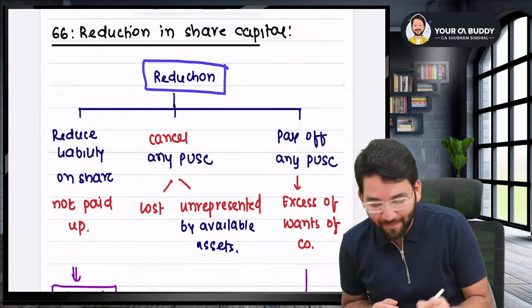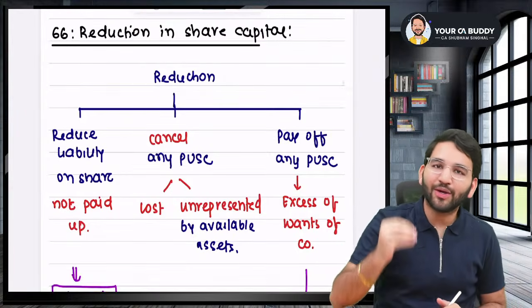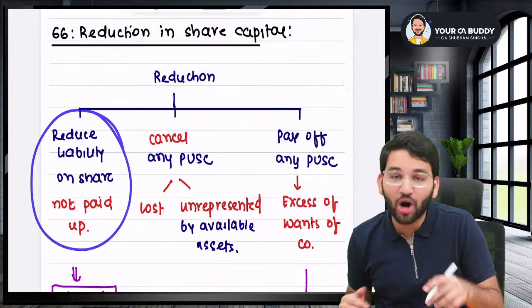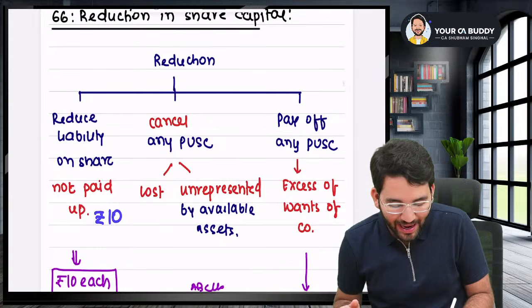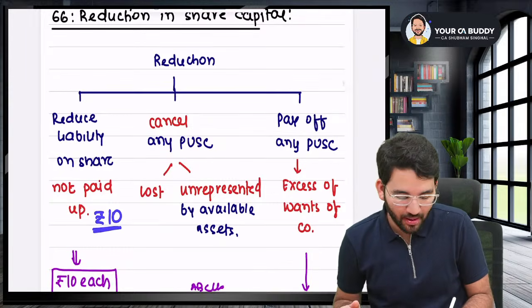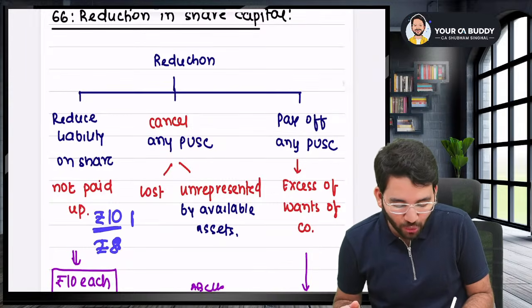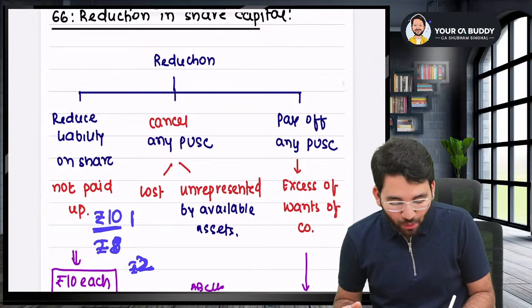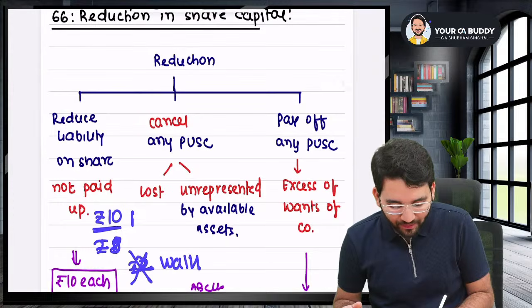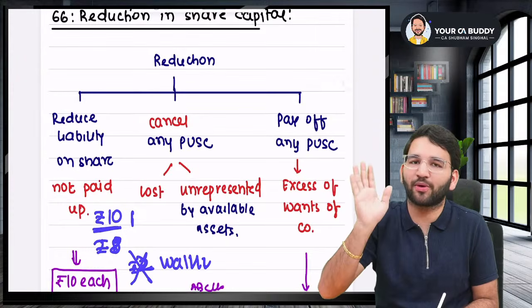Now listen to me very carefully. Reduction can happen for three reasons. Number one, reduce any liability on shares which is not paid up. I'll give you an example for each of them. For example, I had issued shares of rupees 10, out of which rupees 8 was paid up and rupees 2 was not paid up. So I said rupees 2 I am waiving off, as in, you don't have to pay 2 rupees.